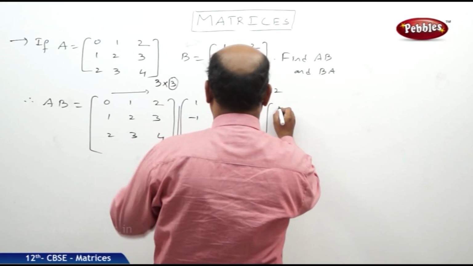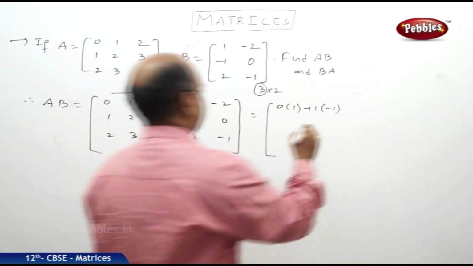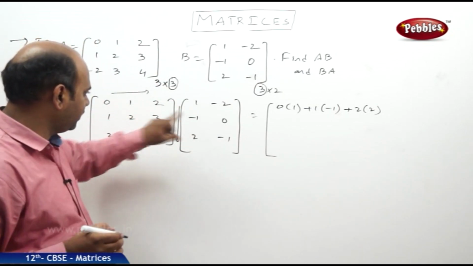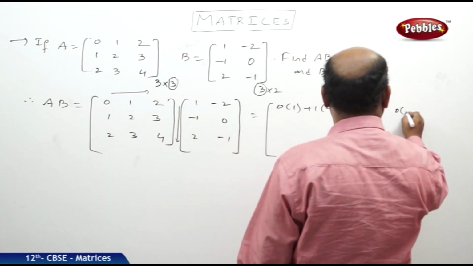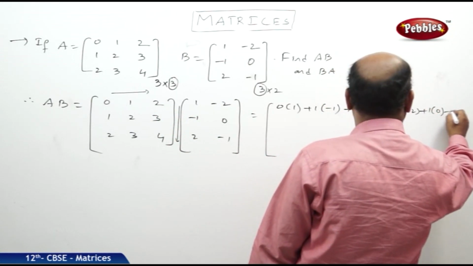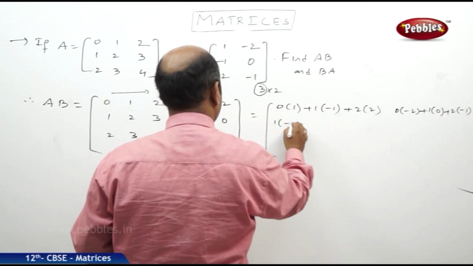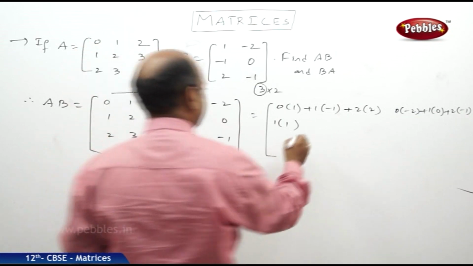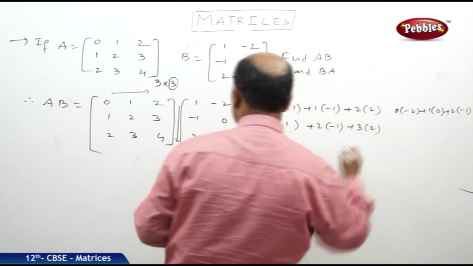That means how does it happen? Observe carefully. So 0 into 1 plus 1 into minus 1 plus 2 into 2. I think you followed. Similarly, 0 into minus 2 plus 1 into 0 plus 2 into minus 1. Similarly here also, 1 into 1 plus 2 into minus 1 plus 3 into 2.